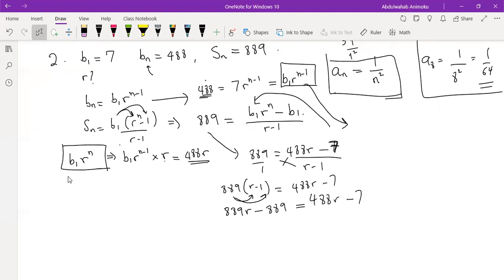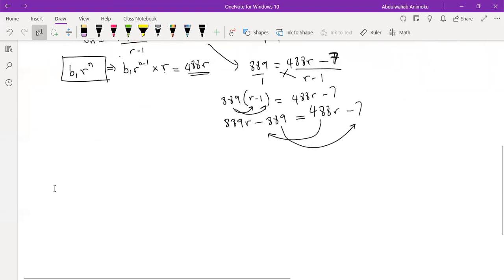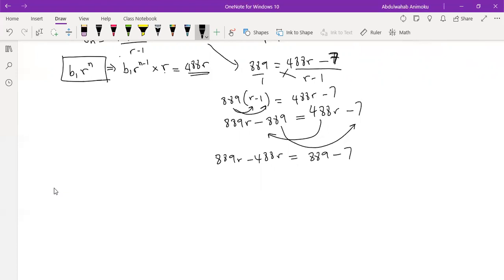Now make r the subject of the formula. So I will move this thing here and I'll move this other one to the other side. So that will give us 889r minus 488r, and that will be equal to 889 minus 7. When I move minus 889 to the other side, it becomes plus 889.